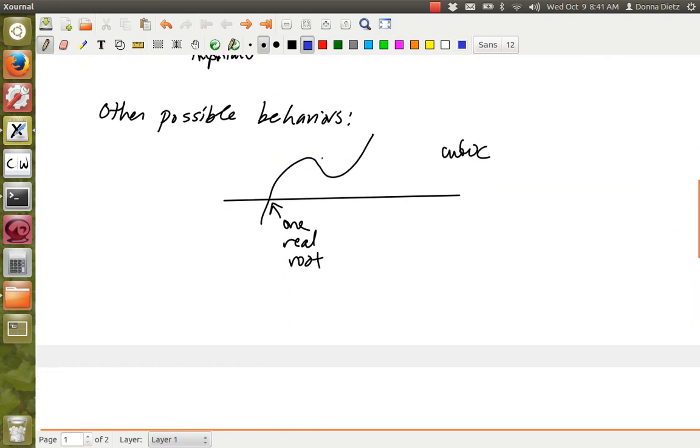Since we bend around like this, the bend is telling us we have 2 more roots, and it's a complex pair. We know it's a complex pair because it doesn't go through the axis, but we know they're actually roots because the thing bends.